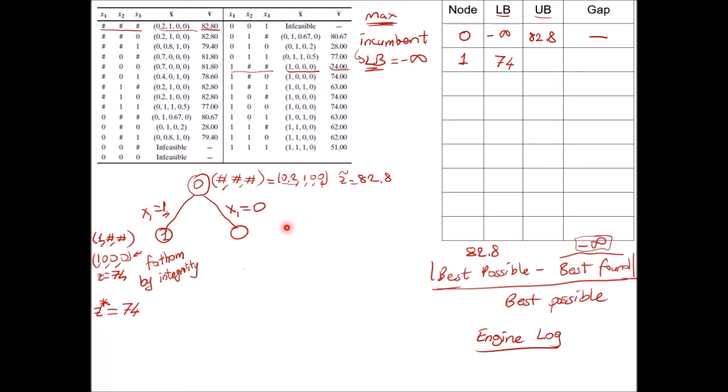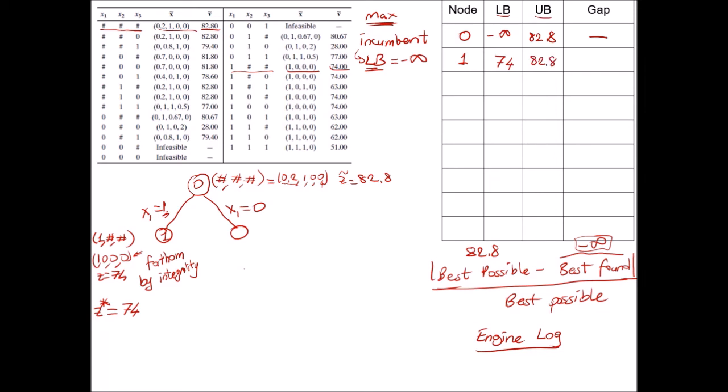It means that when you consider this branch, when you solve it, the best that you can get is 82.8. So the upper bound is obtained from the parents of the open nodes. And currently there is one open node and its parent gives us a bound of 82.8. So the upper bound is 82.8.